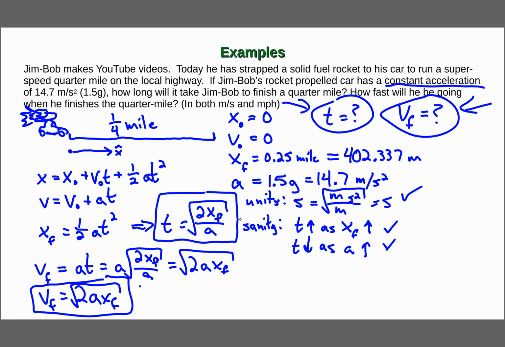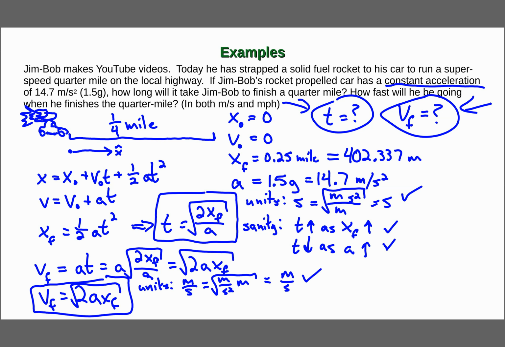For our second answer, the units: we have meters per second on the left side. On the right side, we have meters per second squared times meters, all in a root. And this comes out to meters per second.